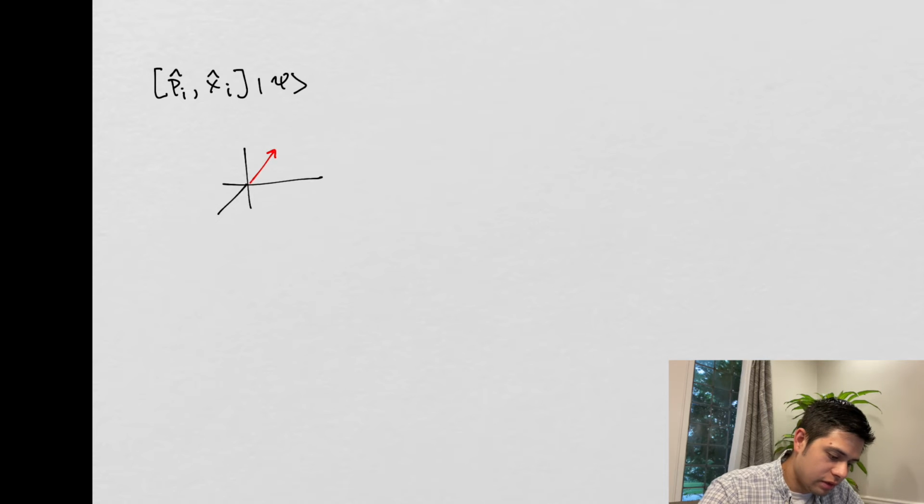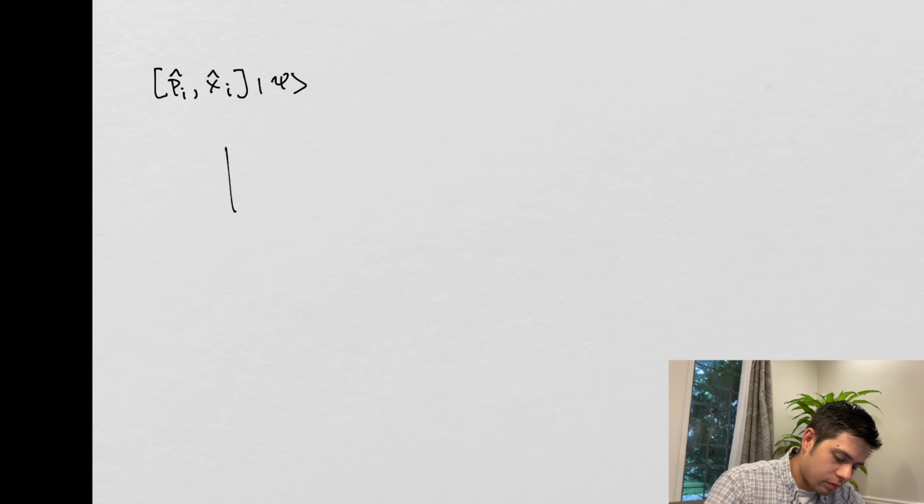Each dimension, like say this dimension right here, I don't want to get too much into this. Here's our vector. It has this much on this axis, right?